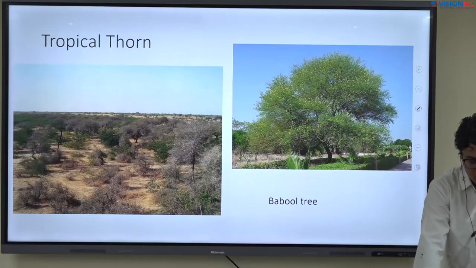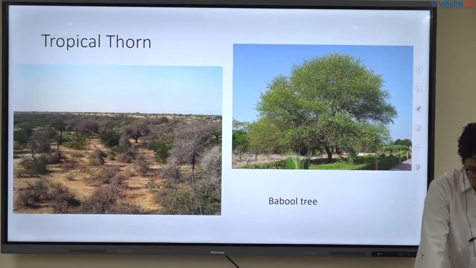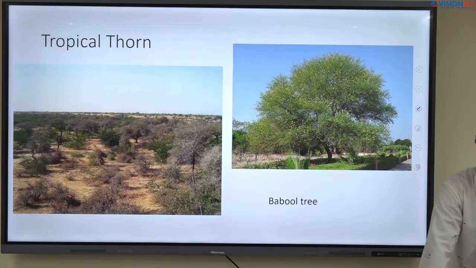Even in peninsular India, you will see it. So this means the forest area is quite large. Thorn forest. Go to page number 7 and read about this yourself. Read this forest type yourself.